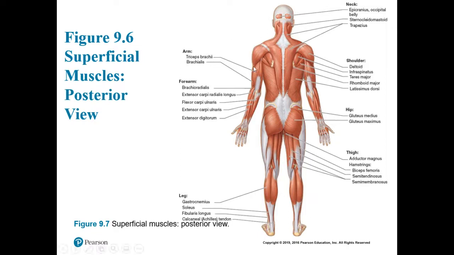Okay, since I already brought this up, in order to protract your shoulder joint, you're going to have to rotate your entire arm forward, right? So bring your left arm and touch your right shoulder. That action is a protraction, right?